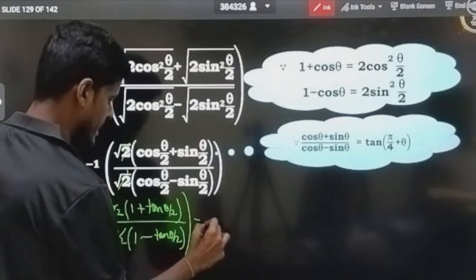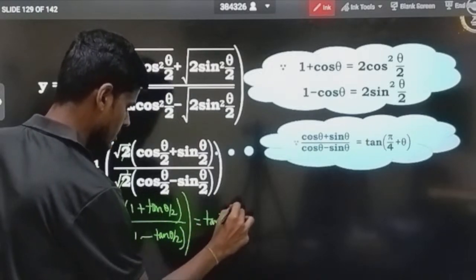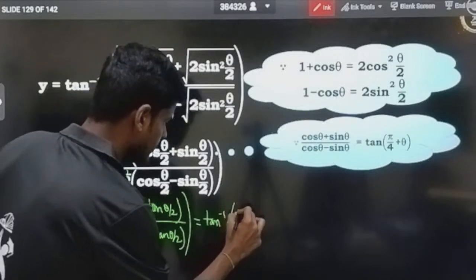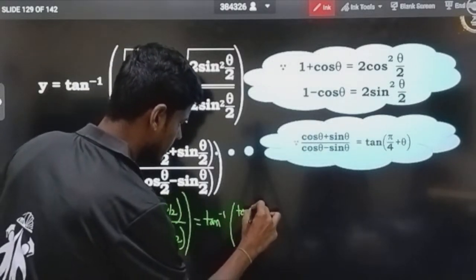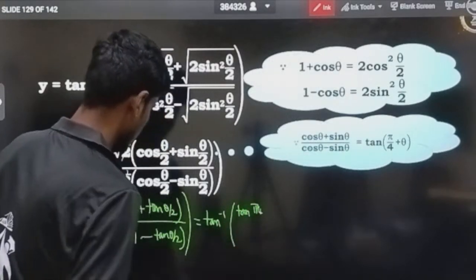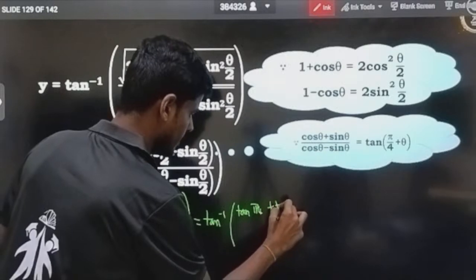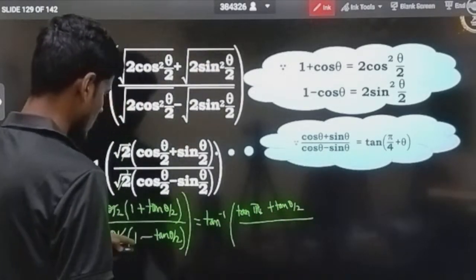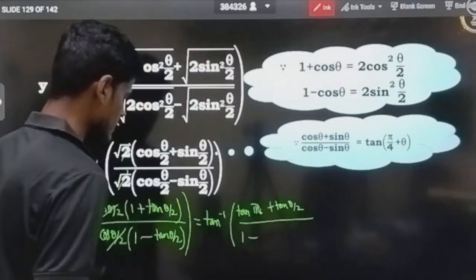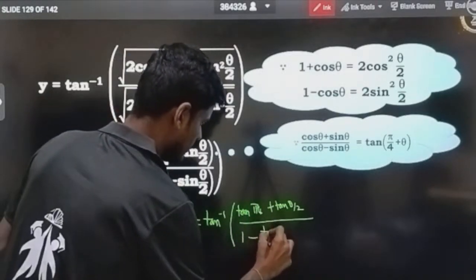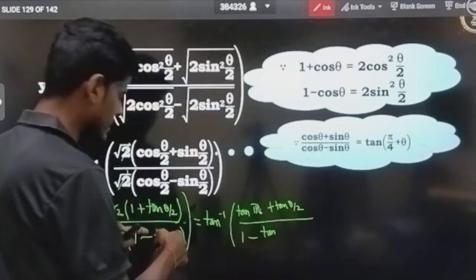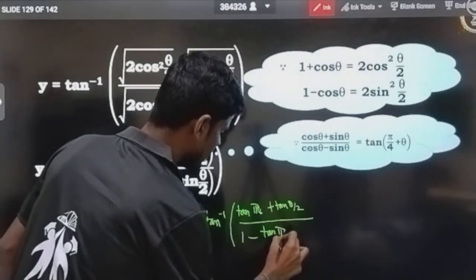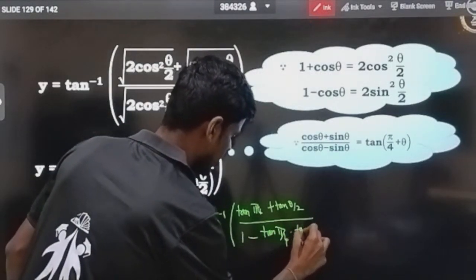So this is equal to tan inverse of. We can write this one as tan 45 degree. Tan 45 degree plus tan theta by 2 divided by 1 minus, 1 is tan 45, so we can write tan theta by 2 as 1 into tan theta by 2, that will be tan pi by 4 into tan theta by 2.